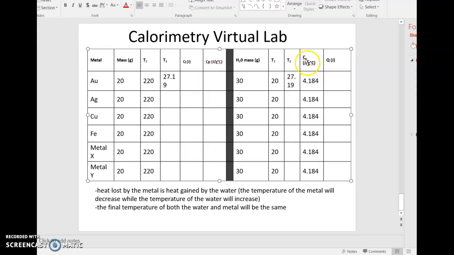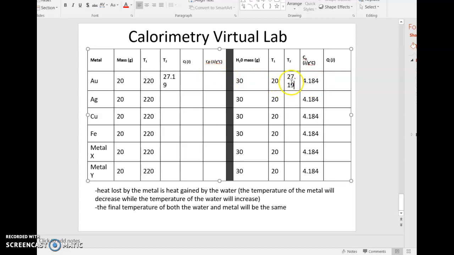If this was joules per kilogram degree Celsius, the value would be 4,184 joules per kilogram degree Celsius. In this case, they converted it. So for this particular virtual lab, you're not going to have to make the conversion to kilograms. Okay, so it would be 30 grams times the specific heat of water, in this case it's 4.184, times the change in temperature.